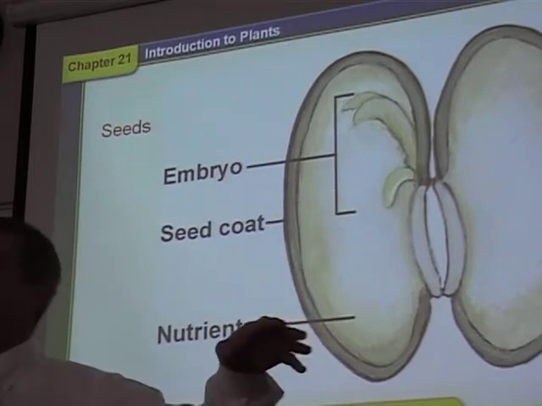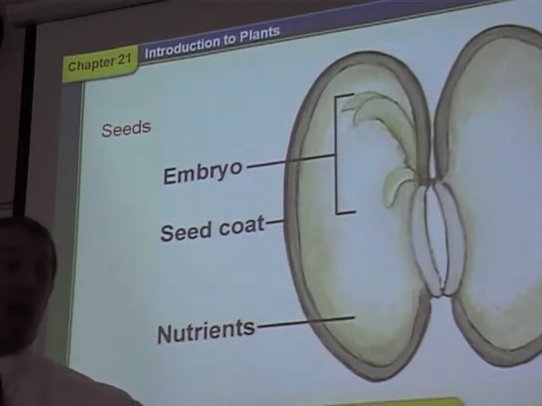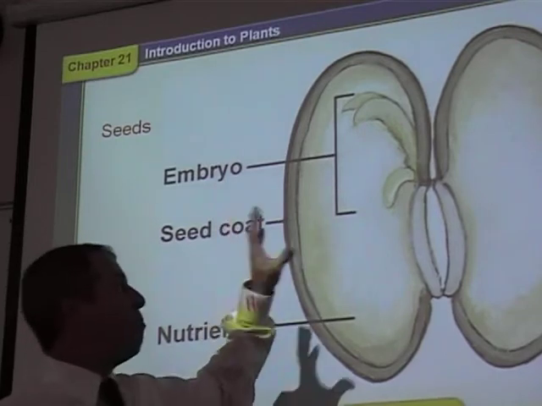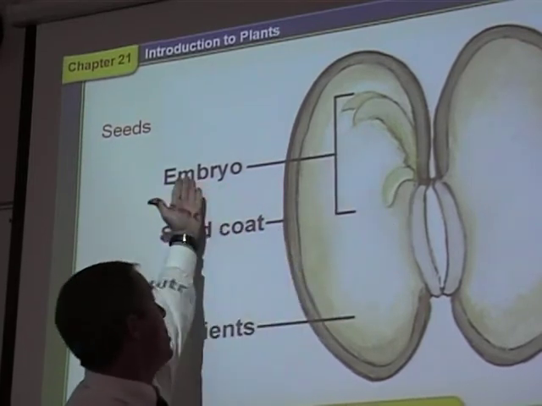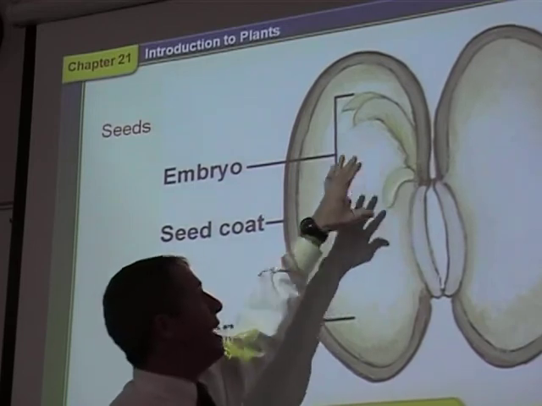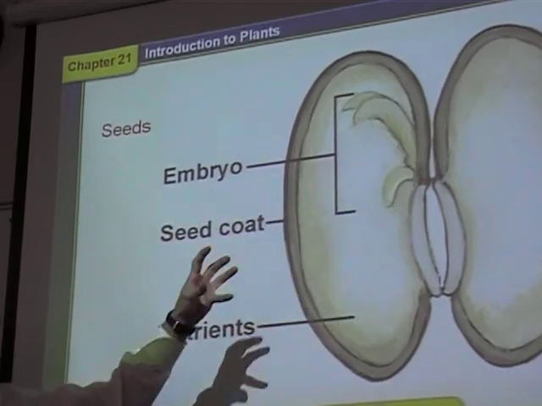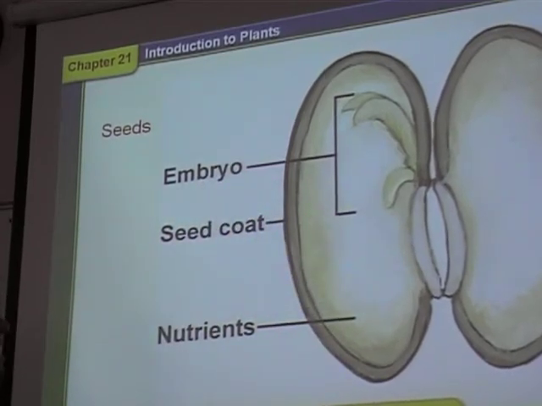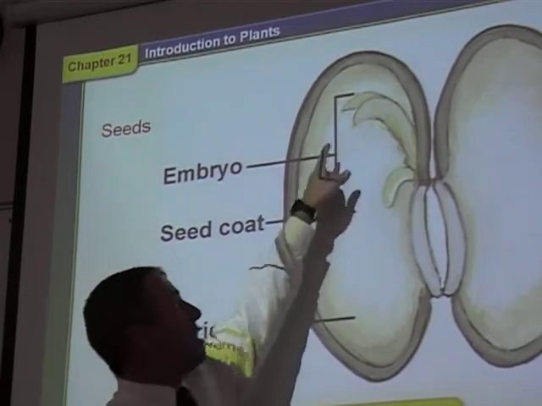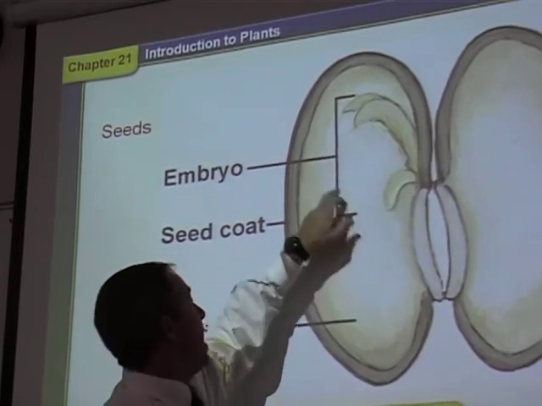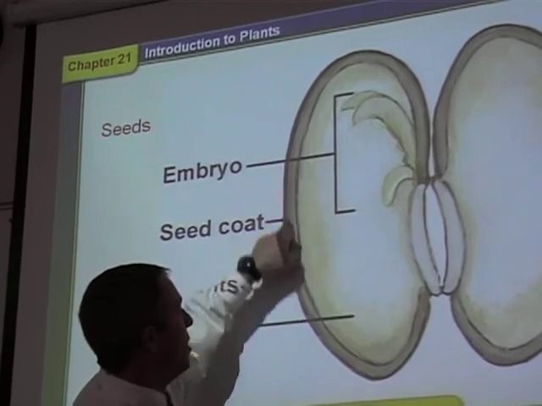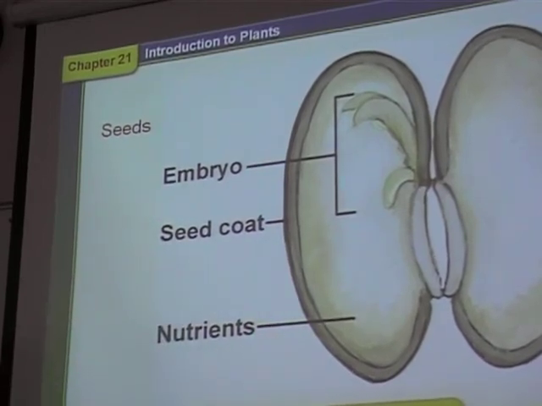Well, if you're a tree on land, how are you going to get your children away? Acorns. Well, you put your children, here's the embryo, that's the child, into a seed. This big thing is a seed. A seed has a food source that the embryo can eat, and it has a seed coat that's really tough and can withstand some harsh conditions.